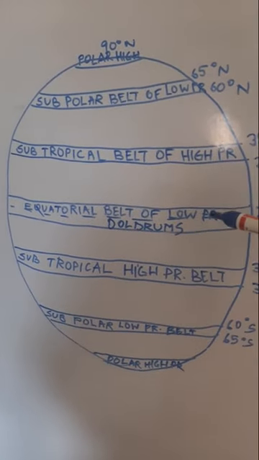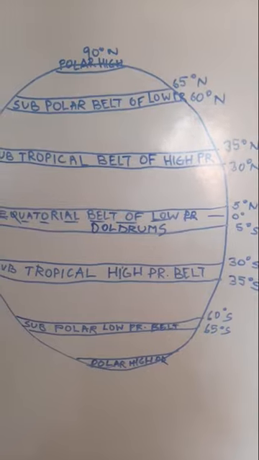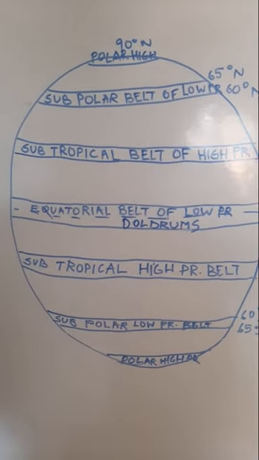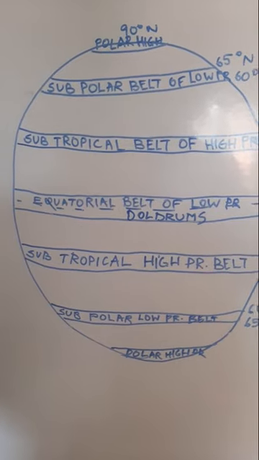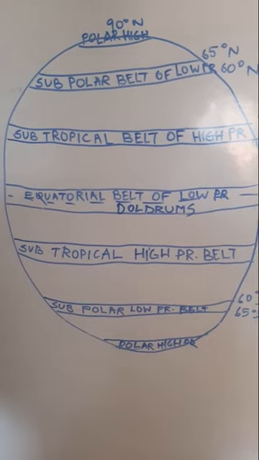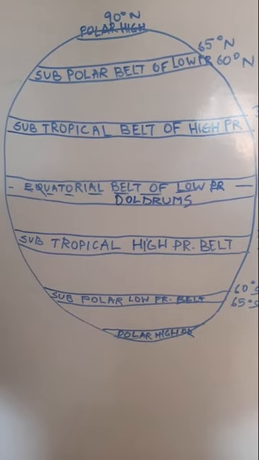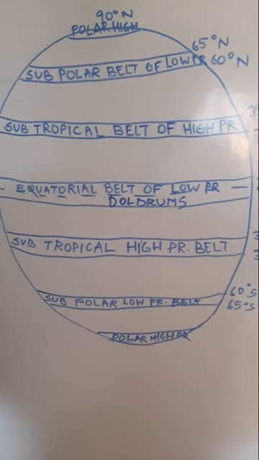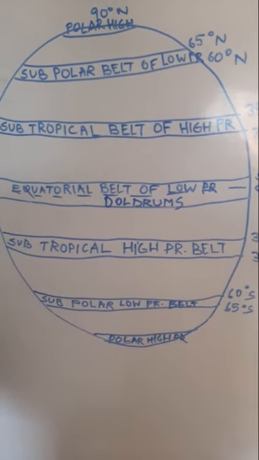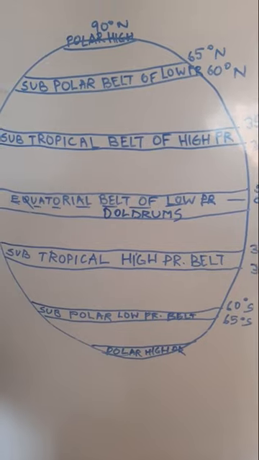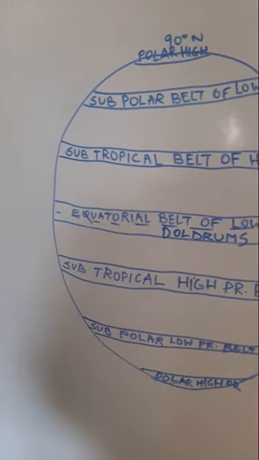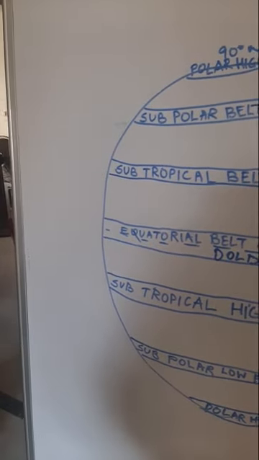Low pressure at the equator. And why have I written subtropical? Because north of the Tropic of Cancer or south of the Tropic of Capricorn, it is totally the subtropical belt. This subtropical belt of high pressure extends on both sides of the equator, and this happens because there is more air concentrated in this zone.